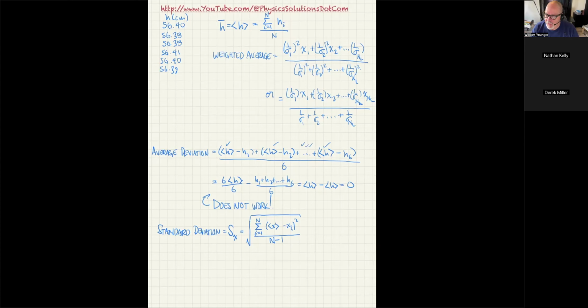If you calculate that H value from each of those groups, you're going to get an H value from one lab group, an H value from another lab group, and another, and you're going to take the average of that, or like I said, the Holy Grail would be the weighted average, but we're not doing that. But that would be your best estimate.